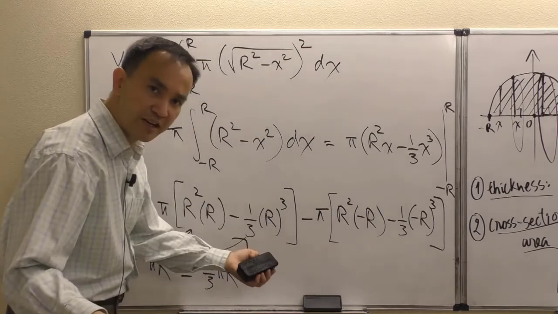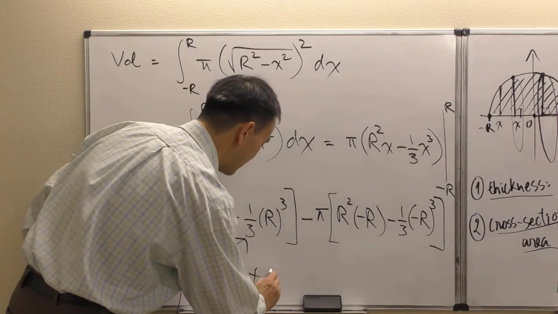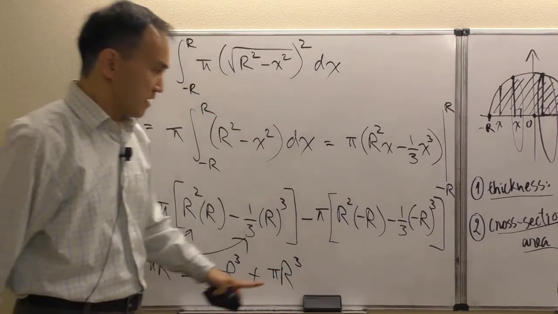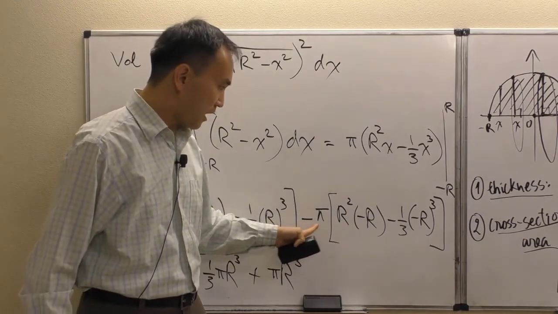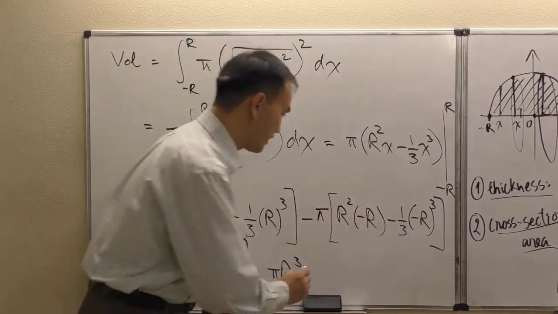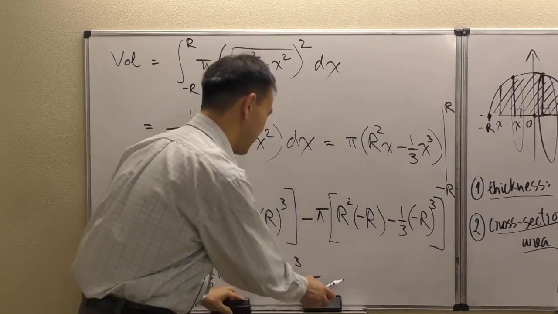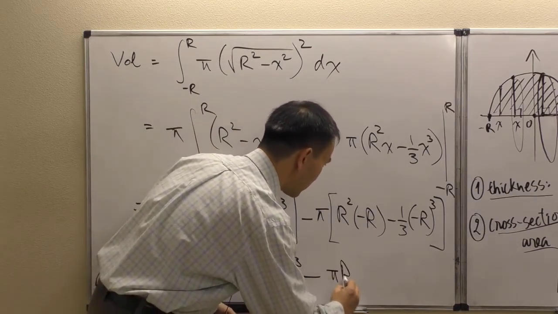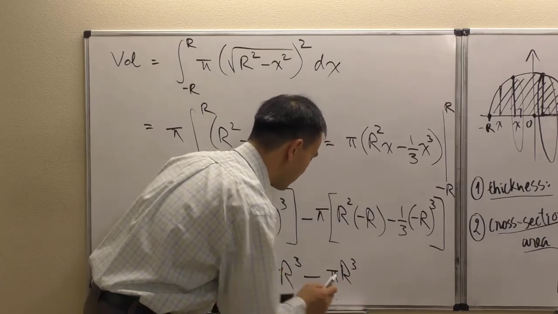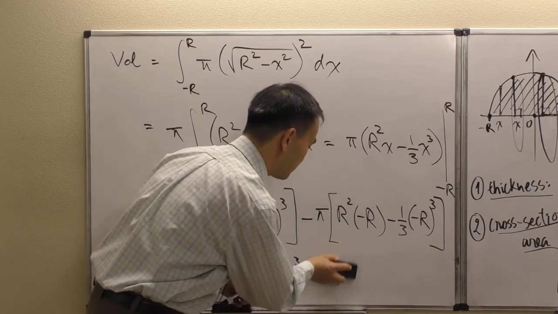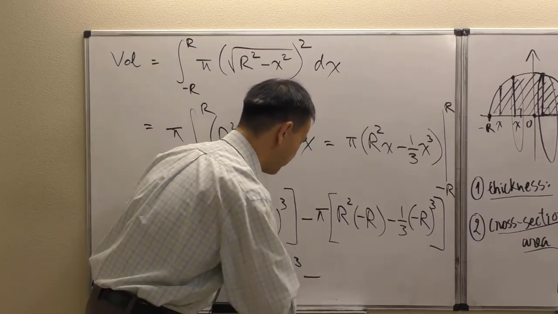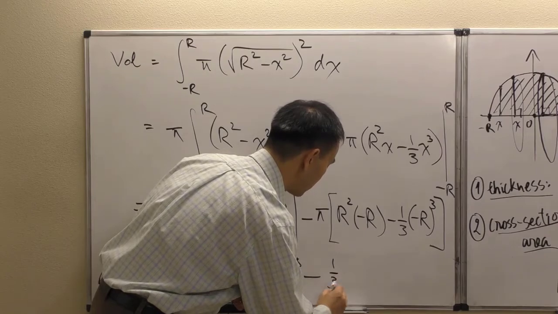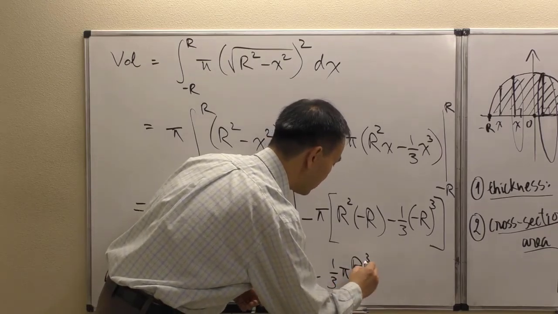After distributing that minus r, we're looking at plus pi r cubed. Okay, and now minus pi times all this here is going to give me another minus 1/3 pi r cubed.